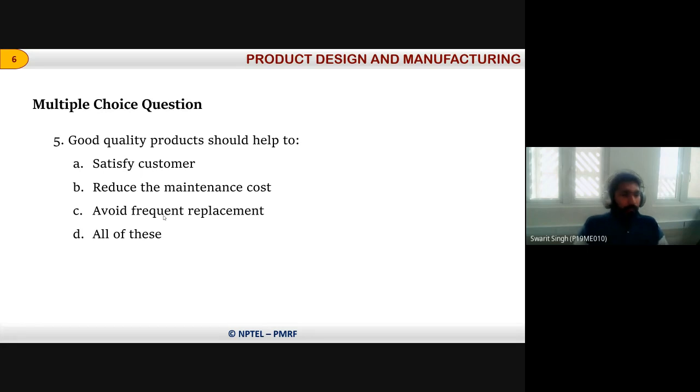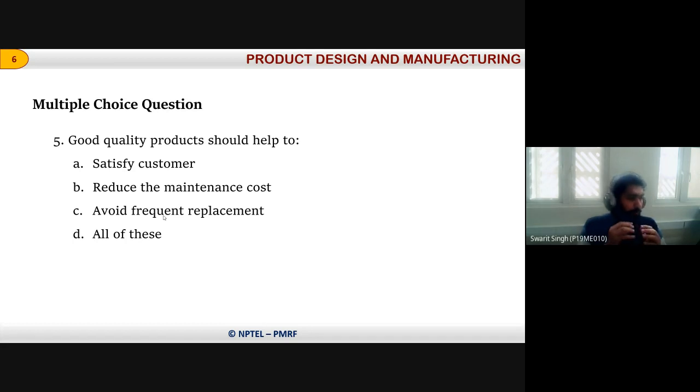Third option is avoid frequent replacement. Suppose we are using some component in a system, maybe a production line, or something we have created at home ourselves. If we have automated the switching on and off of the light in our room, and the switches or lamps require frequent replacement, like after 1 or 2 days, then those lamps or switches are not considered a good quality product.